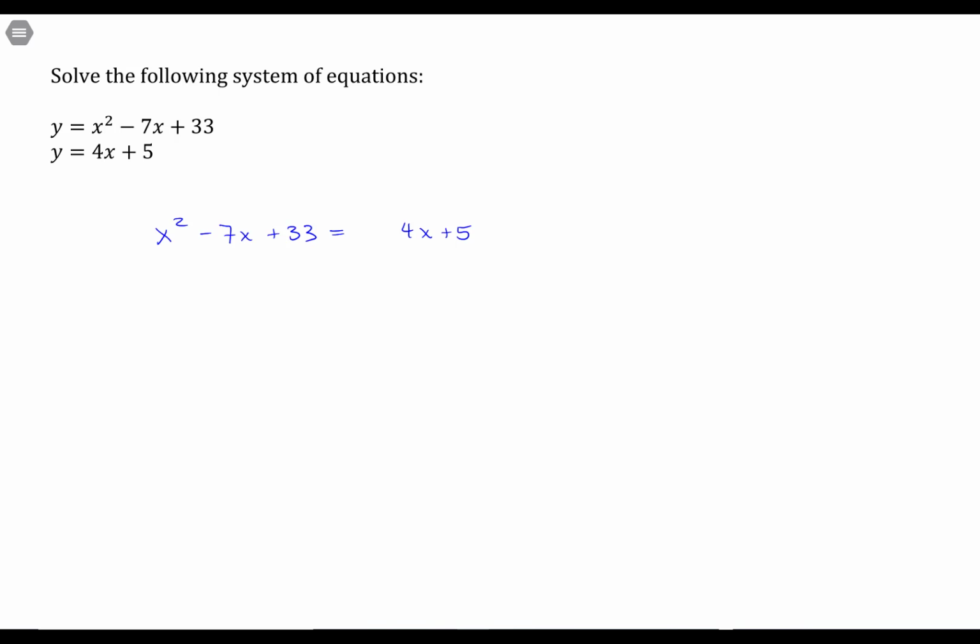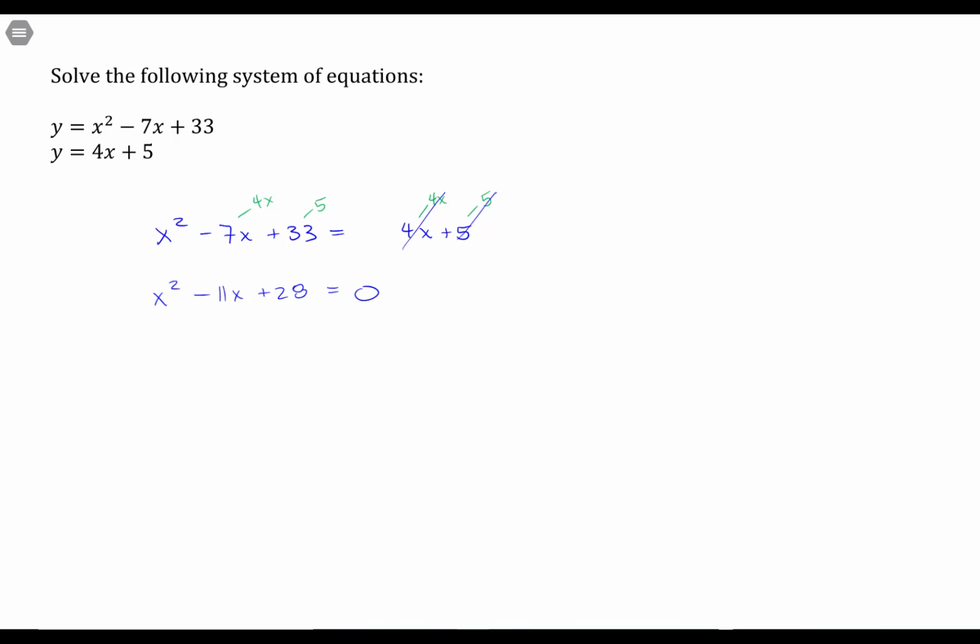Now, to solve this, I have a quadratic term, I have a square, so I'm going to bring all the terms to one side of the equation and have it set equal to 0, and try to factor at that point. So if I subtract 4x from both sides, I would have x squared minus 11x. And then if I subtract 5 from both sides, 33 minus 5 is 28.